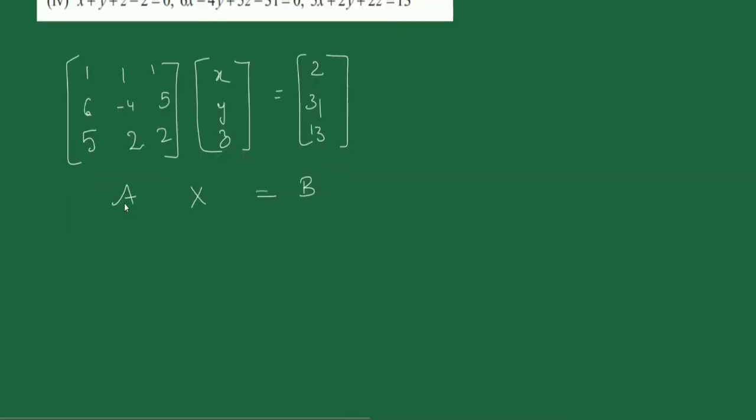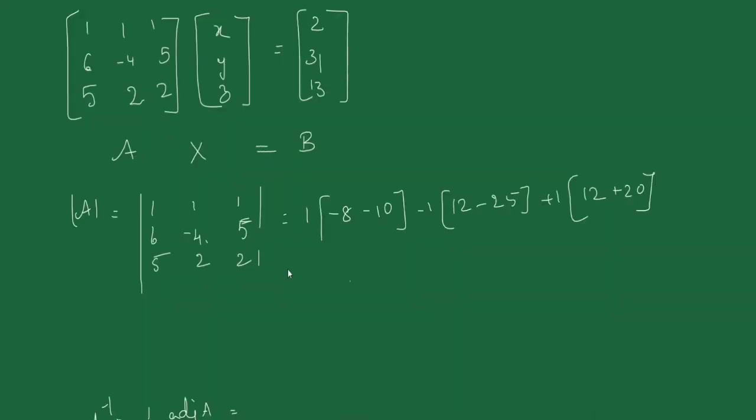Now we have to see whether the matrix A is non-singular. So let us find the determinant of A. So the determinant of A is minus 18 minus 13 plus 13 plus 32. So minus 5 plus 32 is 27, not equal to 0.